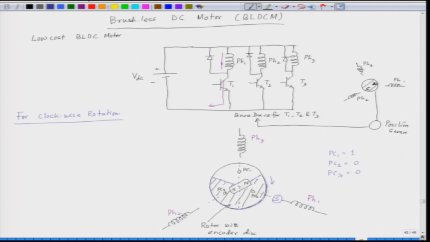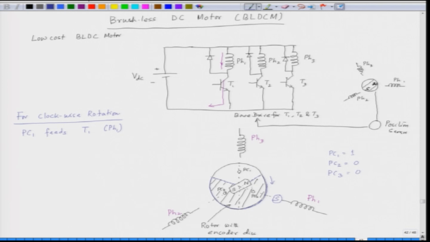So, for the clockwise rotation, PC1 feeds T1 which is connected to phase 1. So, phase 1 is energized. When phase 1 is energized, the rotor north pole will be attracted towards the south pole and the rotor will move in the clockwise direction.